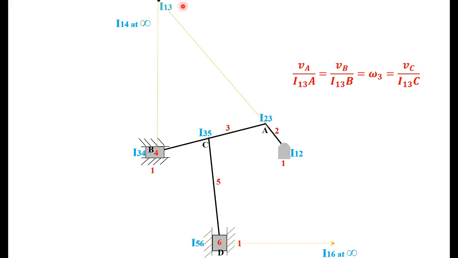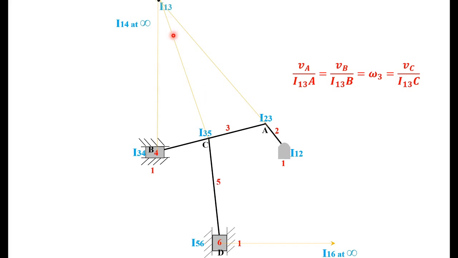Then we can say the centers 13, 35 and 15 are in the same straight line. So 13 is this point. 35 is this point. So 15 will also be on the same straight line if you join 13 and 35. This is the earlier one only to show I13C.